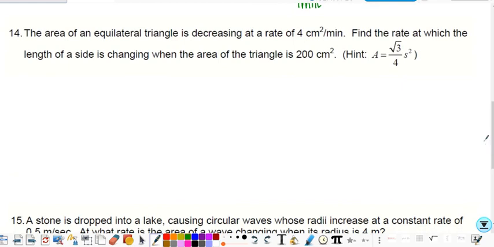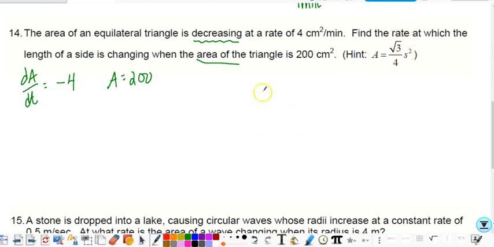All right. The area of an equilateral triangle is decreasing. So the area rate is negative 4 centimeters squared per minute. Find the rate at which the side length is changing when the area is 200. I don't have a side length, and I want to find this rate of the side.